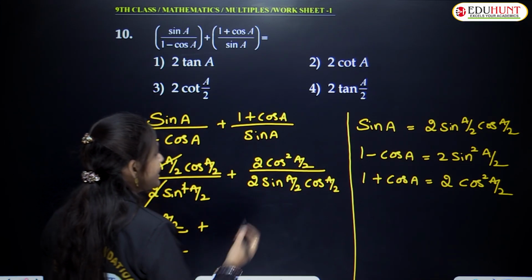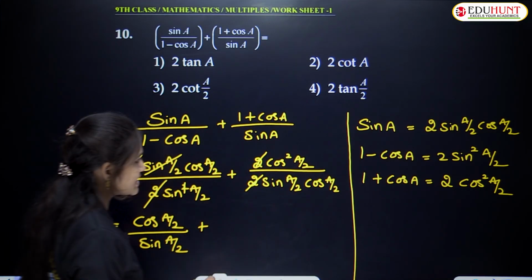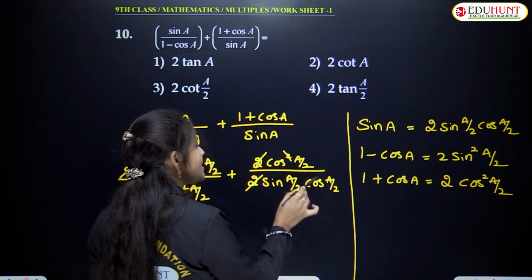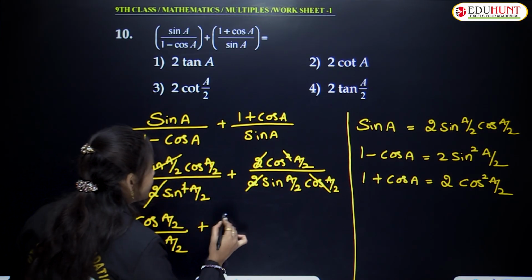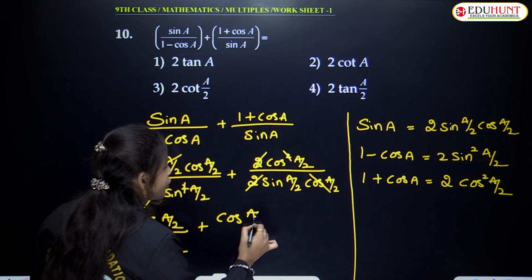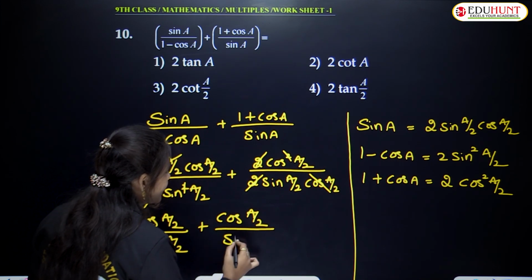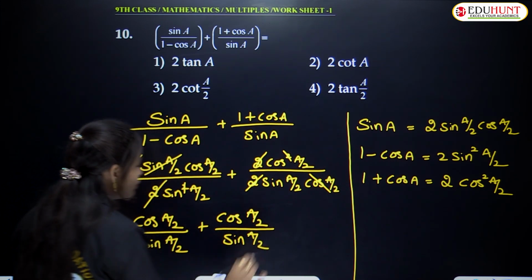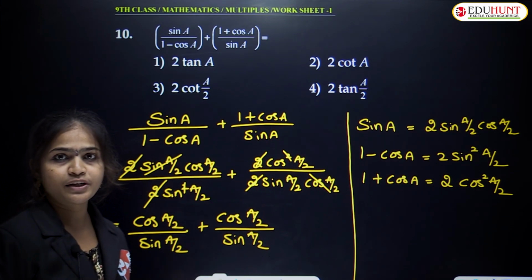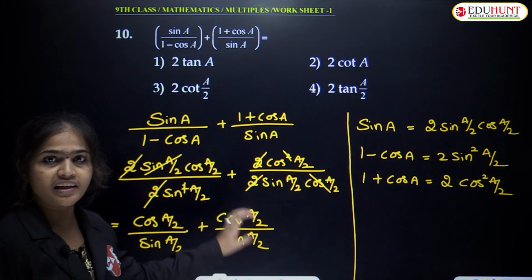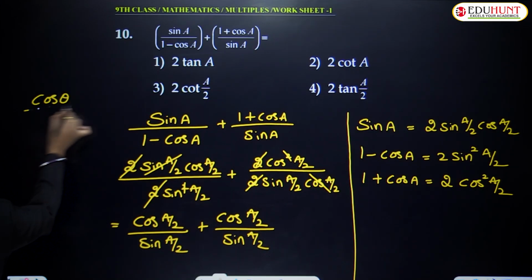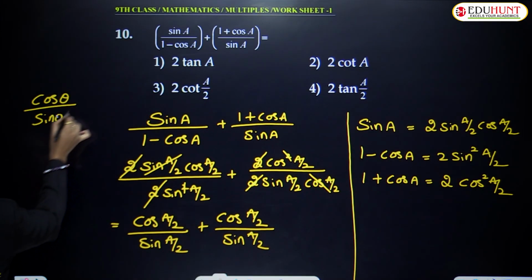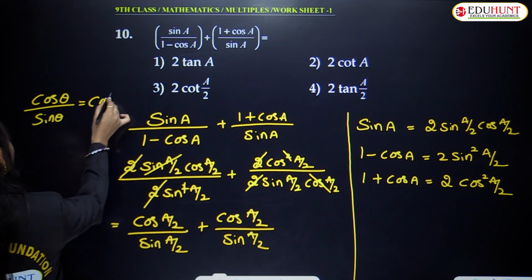Plus here, 2 and 2 get cancelled, and cos appears twice on top and once below, so those get cancelled. The leftover is cos A by 2 by sin A by 2. So we can take A by 2 as some theta. Then cos theta by sin theta is equal to cot theta.